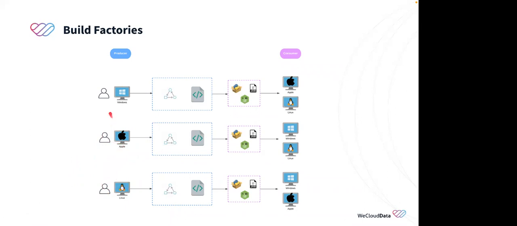Now, there are also a lot of developers who use Windows as well. But Windows and Apple/Linux are quite separate and different in terms of their environments. The reason why I bring up these three operating systems is because the producers of software can use three different types of operating systems.